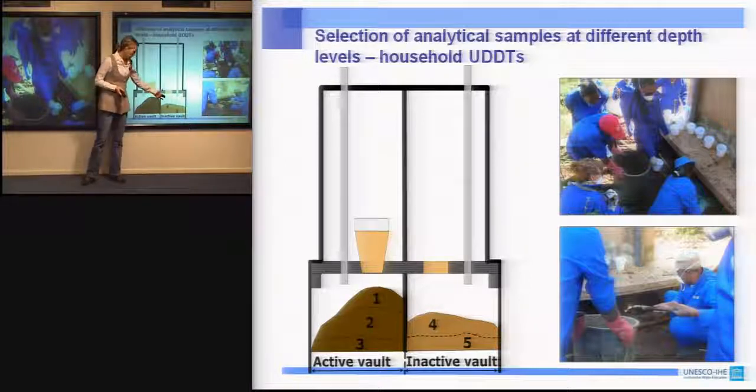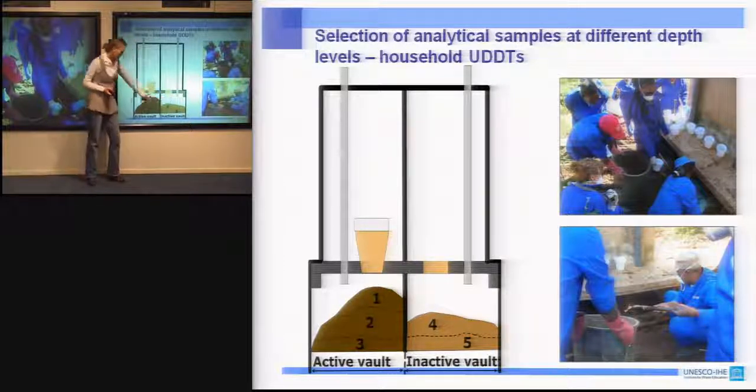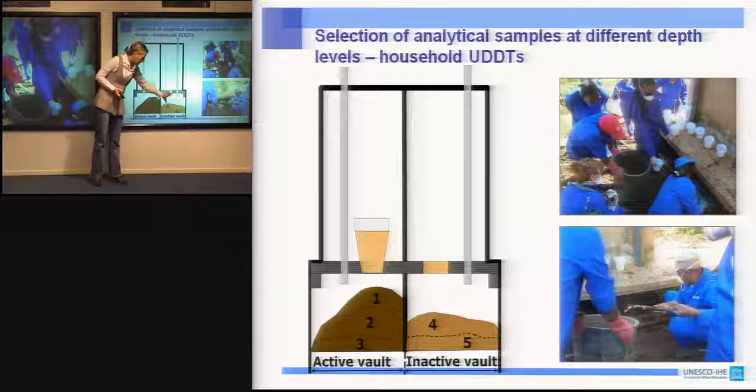And then for the inactive or the standing vault, the sludge was a lot more dry and stabilized because it hasn't been used for a certain period of time. So the users have been using this vault first. Once it was filled up, they would move the toilet and then start using this one. While they're using the second one, the sludge would be aging and stabilizing in the first vault.